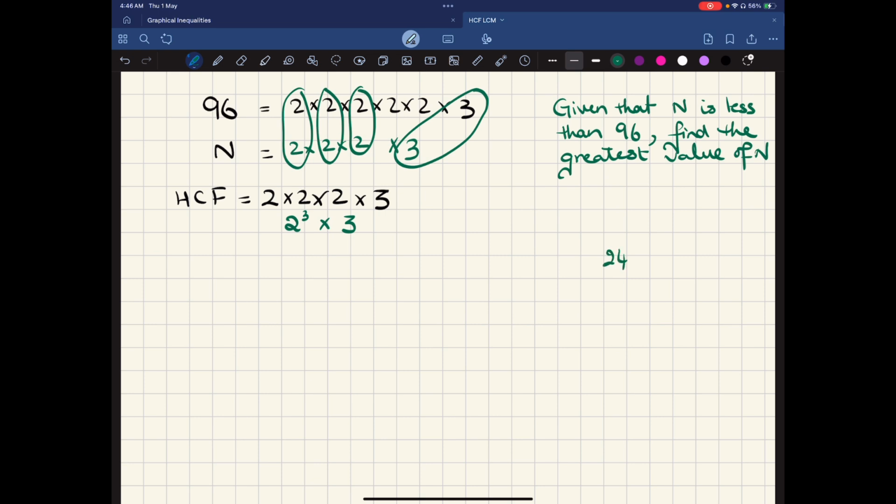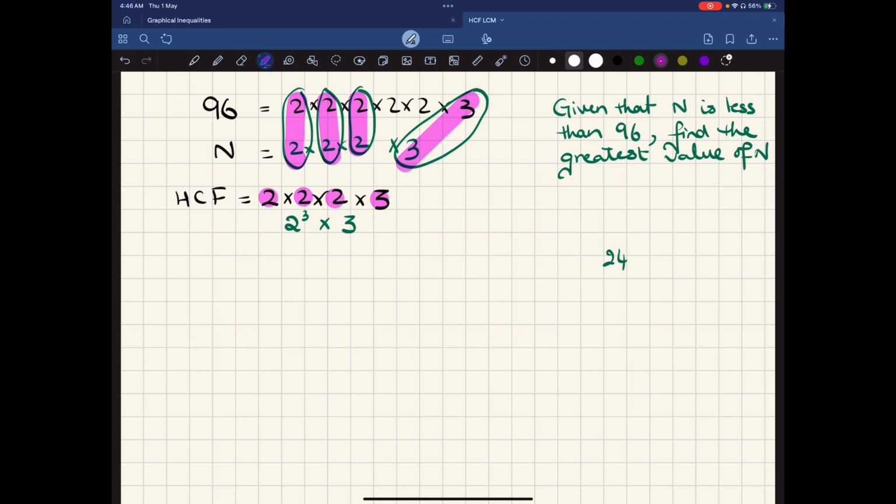So you have to be careful here. They're specifying that we need to find the greatest value of n that is less than 96. Because they've given us the HCF and we have formed the 4 loops, 1, 2, 3, 4, the 4 loops.